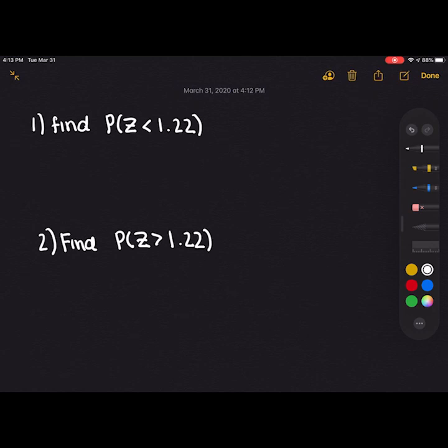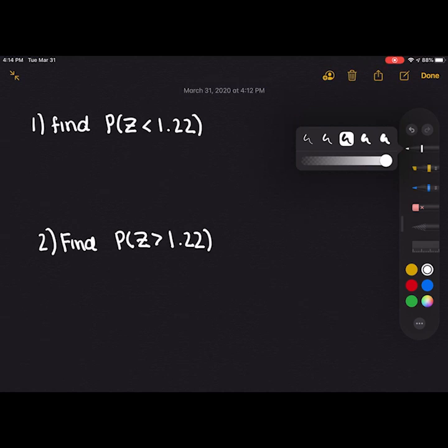Some of the common questions you're going to be asked are: find the probability of z is less than or more than, and then it's going to give the z-score. The ones we're going to be doing are: find the probability of z is less than 1.22, and find the probability of z is more than 1.22.